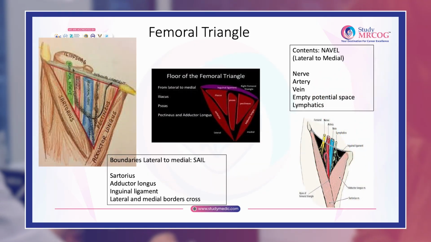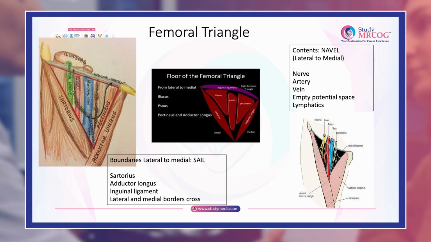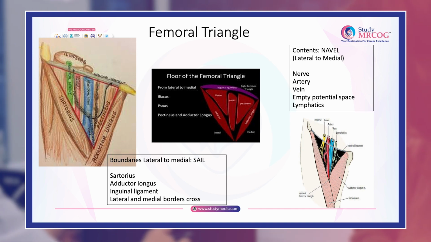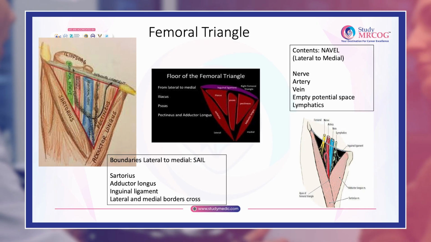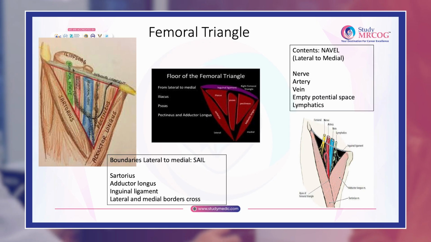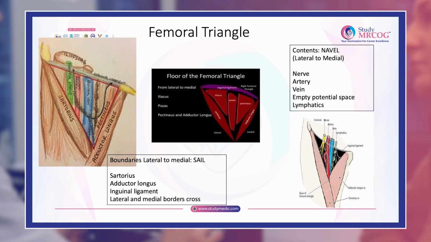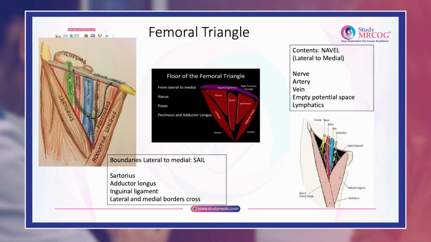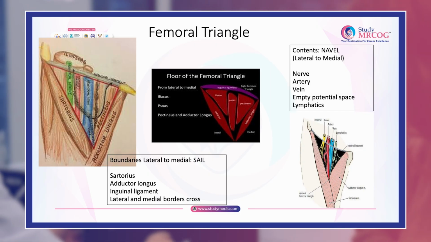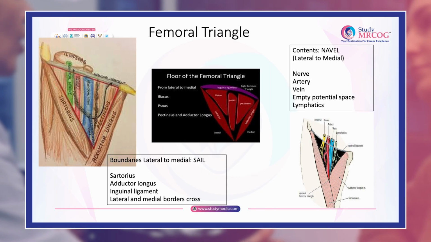Another important area that we are supposed to be aware of is the femoral triangle, which lies in the anterior superior third of the thigh, and it is a subfascial space that appears like a triangular depression inferior to the inguinal ligament. This depression is visible when the thigh is abducted, flexed, and laterally rotated.